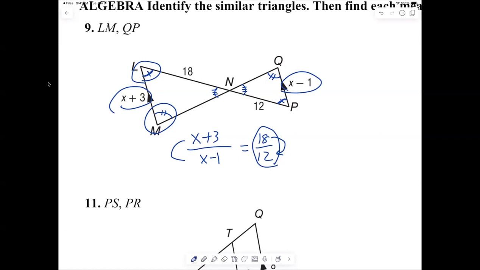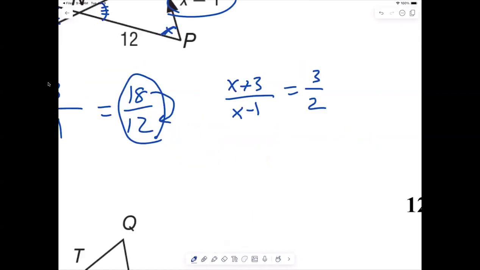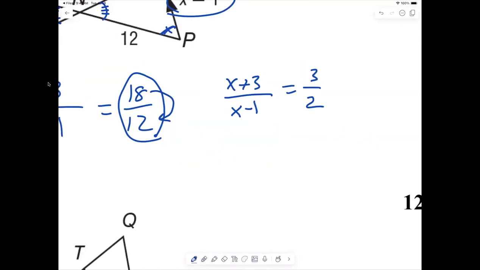Now, whenever you have 18 over 12, save yourself some time. What could I do to 18 over 12? Yeah, reduce it. So we could just say x plus 3 over x minus 1 equals 3 over 2. That sounded great, Jocelyn. All right, now just make sure we cross multiply. So we end up with 3x minus 3 equals 2x plus 6.